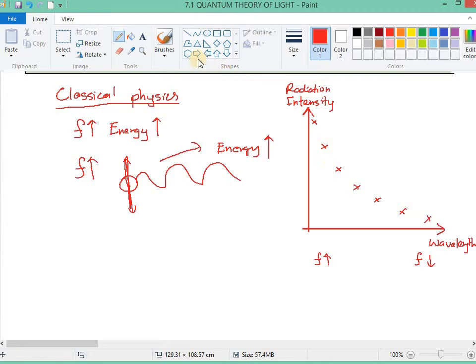This is the relationship they get from this concept between radiation intensity and wavelength. As the wavelength gets shorter, the frequency increases, and the radiation intensity should be higher.